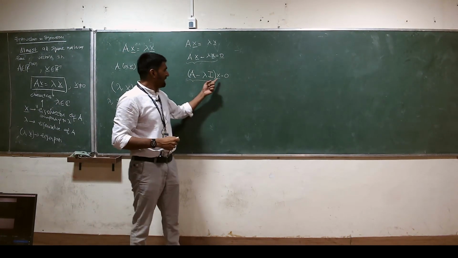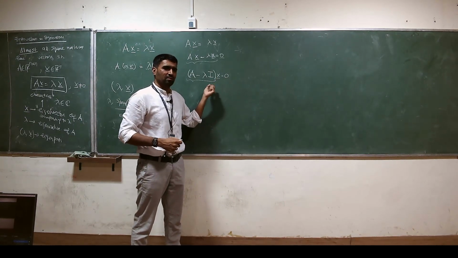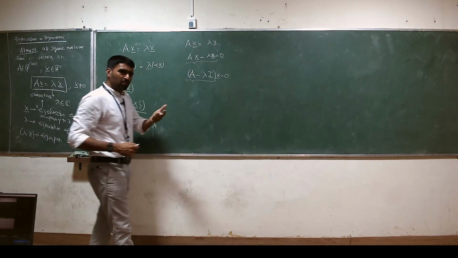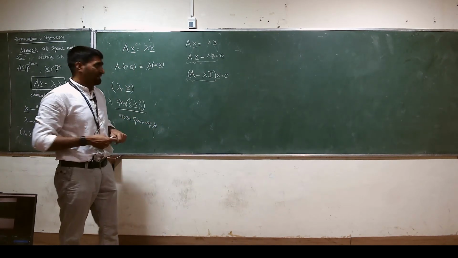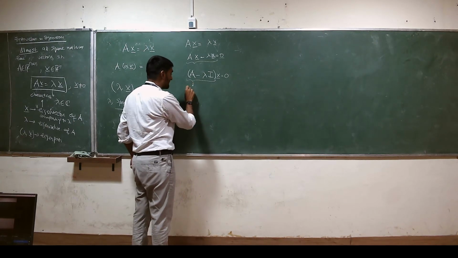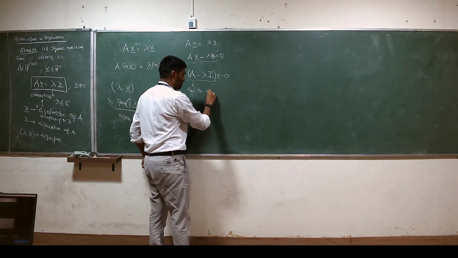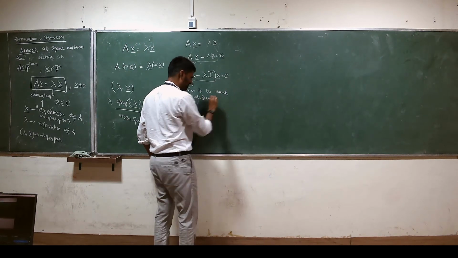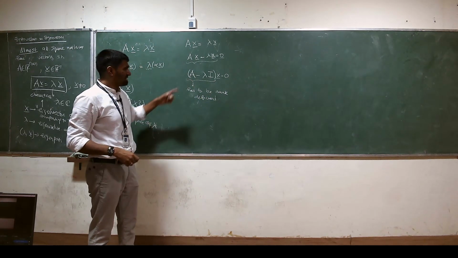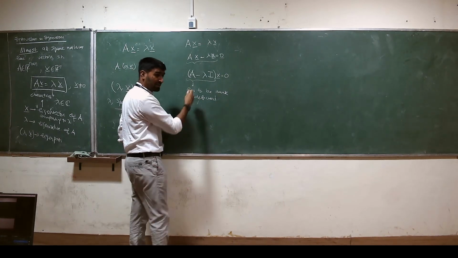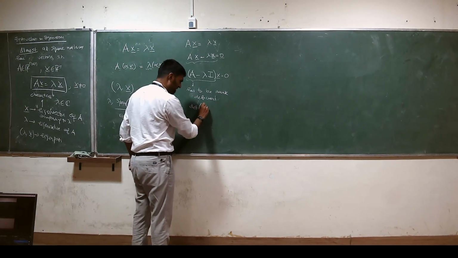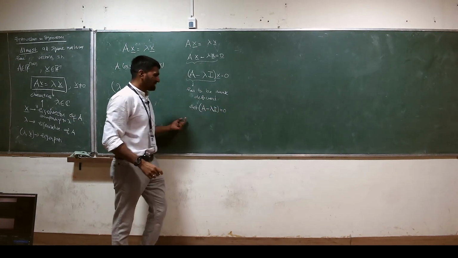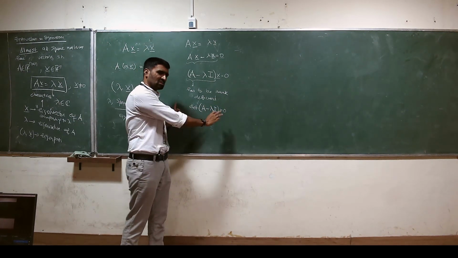If A minus lambda I times X is 0, where X is non-zero, what can we say about the rank of the matrix? Is it a full rank matrix or a rank deficient matrix? So this means that this matrix has to be rank deficient. One way to find this out is that whenever you have a rank deficient square matrix, the determinant of that matrix will be equal to 0. We've not seen what determinants are, but you know how to compute them, so let's just assume that this is true.